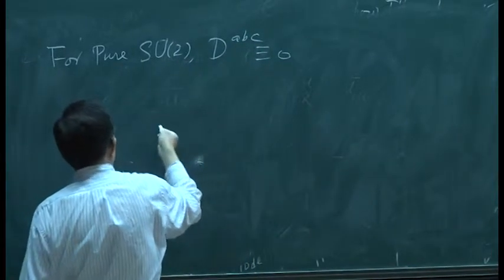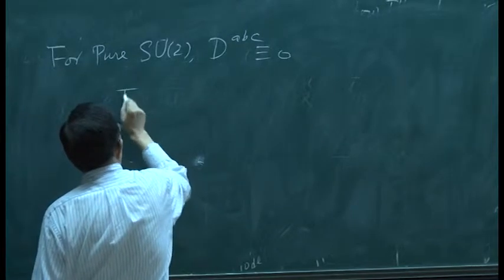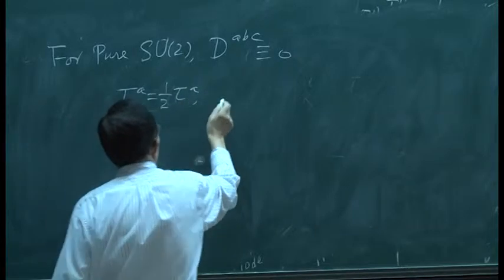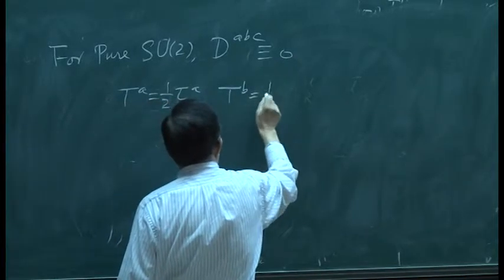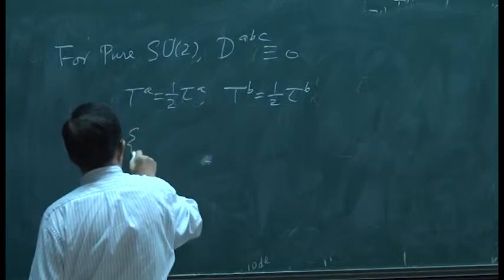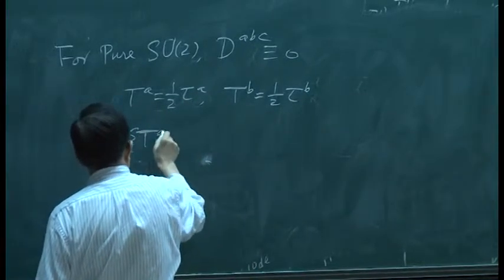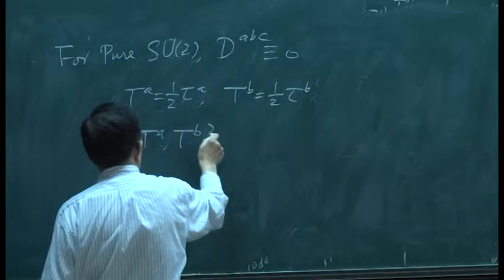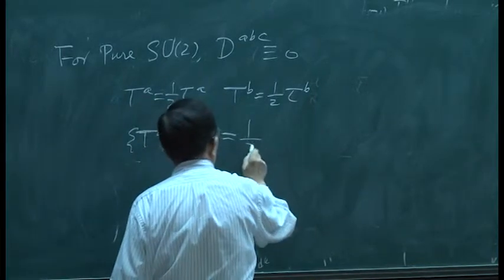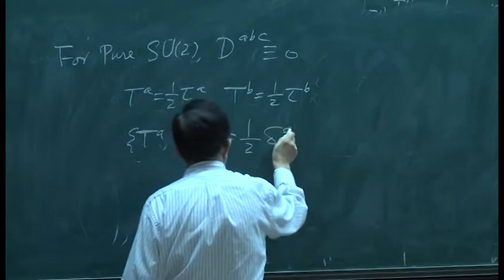It's very easy to see because T^A equals 1/2 τ^A, T^B equals 1/2 τ^B, and the anticommutator of T^A and T^B equals 1/2 δ^{AB}, right?